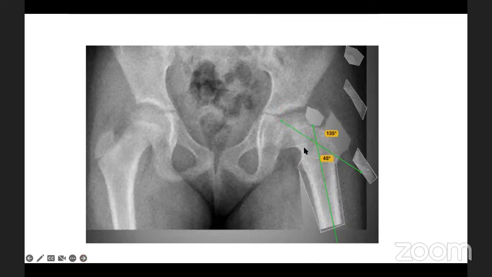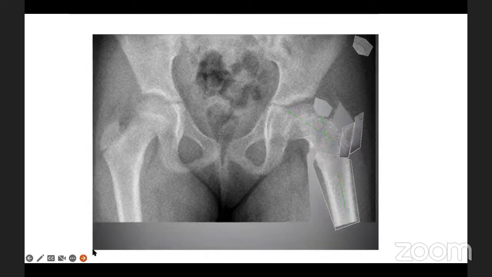Ideally, the implant I would prefer is a 130-degree angled blade plate, and we can impart valgus to the neck fragment with the help of the 130-degree blade plate, and following that we would lateralize the shaft, place the bony block from the base of the trochanter, and then place the trochanteric wafer on top.